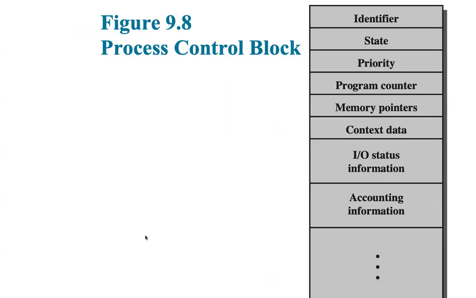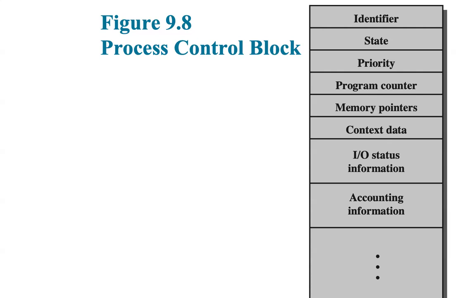This is the process control block. For each process in the system, the OS must maintain information indicating the state of the process and other information necessary for process execution. For this purpose, each process is represented in the OS as a process control block. We're showing that here.